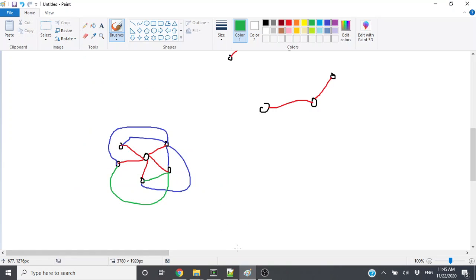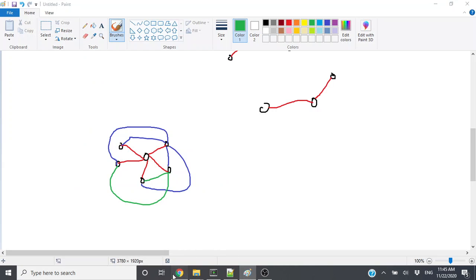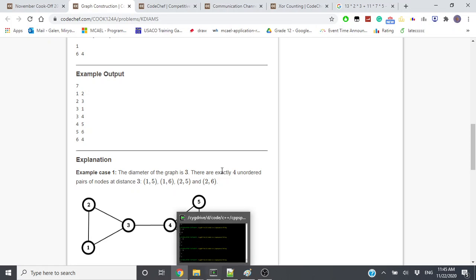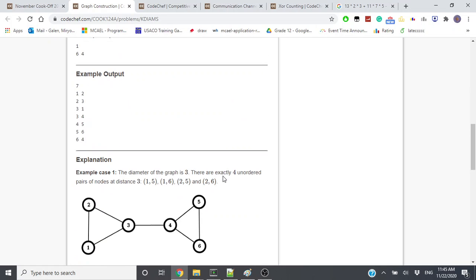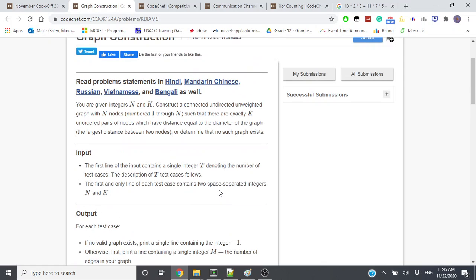So we have 6 nodes. And it's a star and everything's happy, isn't it? Exactly 4 unordered pairs of nodes at distance 3. Is it some stupid case like n equals 2? I don't understand.